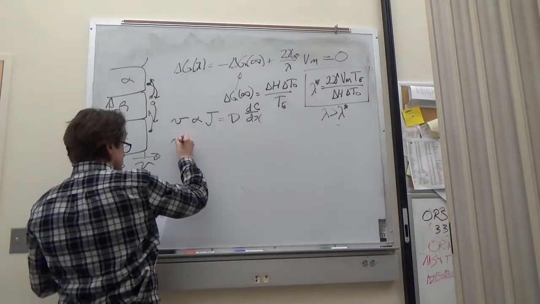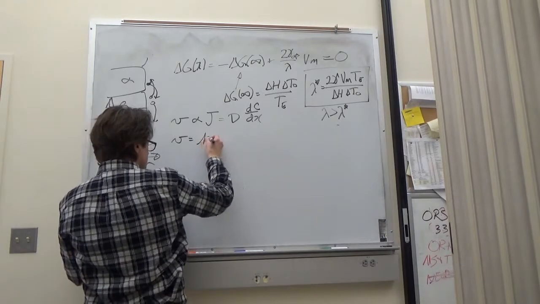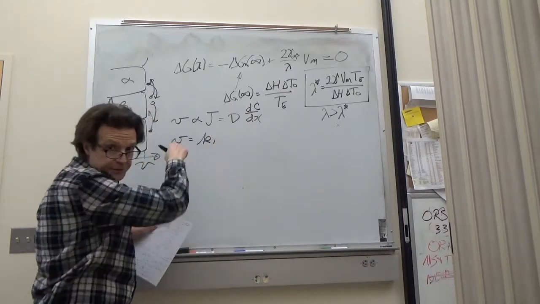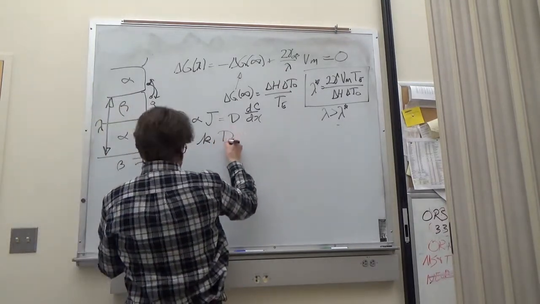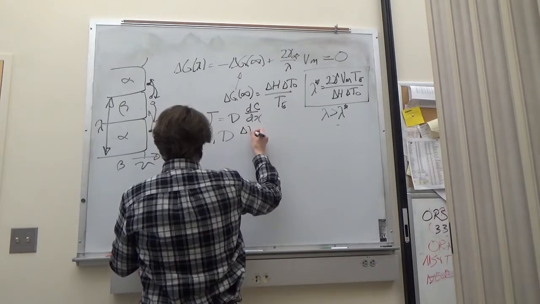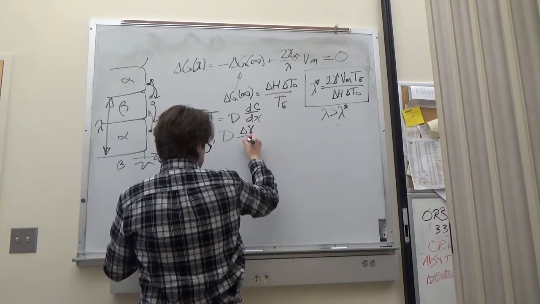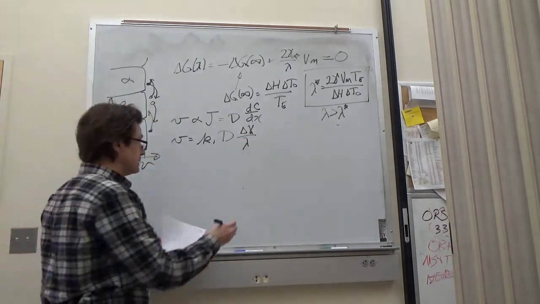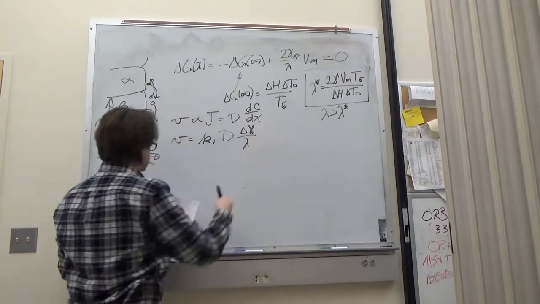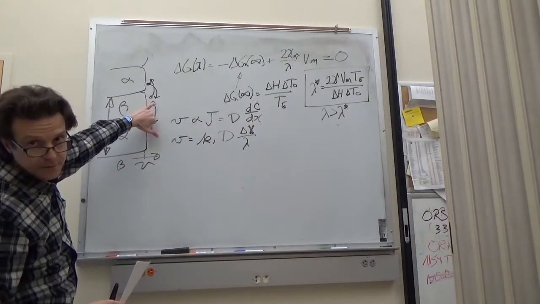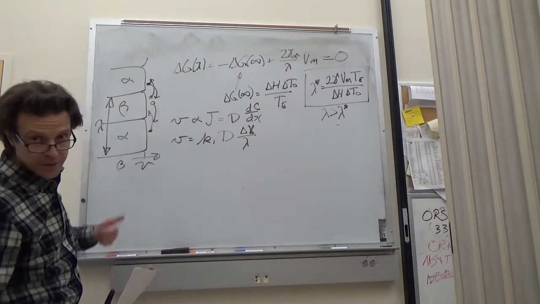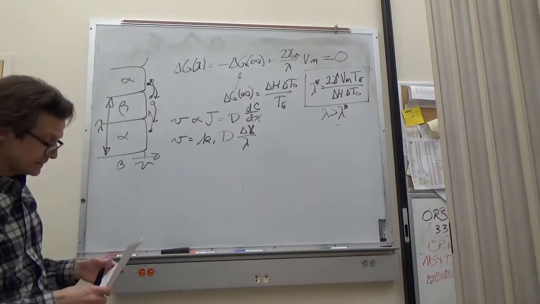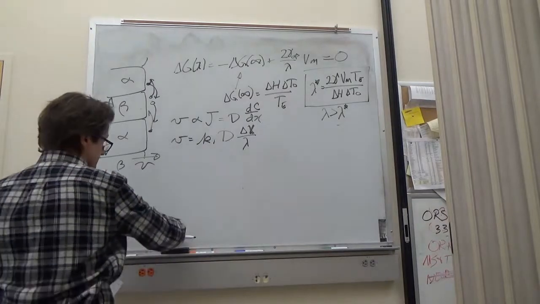And that allows us to write the velocity is equal to some constant of proportionality, K1, D delta x by lambda. So delta x is the concentration difference here, and that's coming from the local equilibrium in front of each of the phases, and lambda is the spacing. Now this delta x, where does it come from?